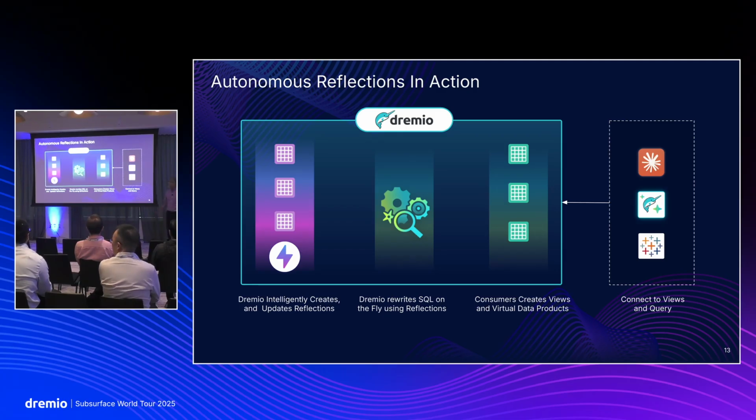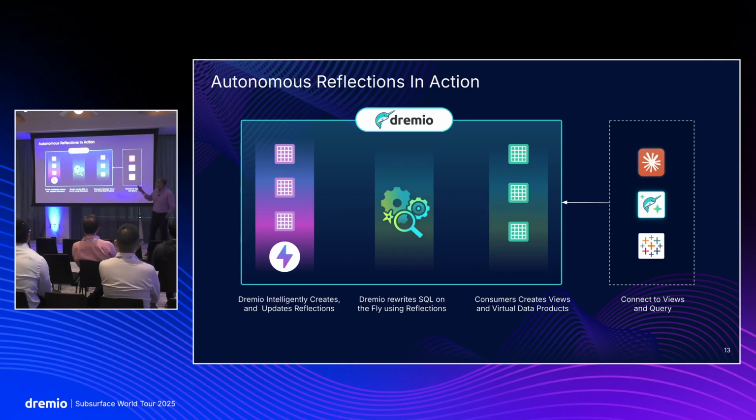Okay, so how this works is you have different tools and agents connecting to Dremio running queries. These queries could come from BI tools or agents like Dremio agent. And Dremio will automatically learn from the usage patterns of users and then create reflections.